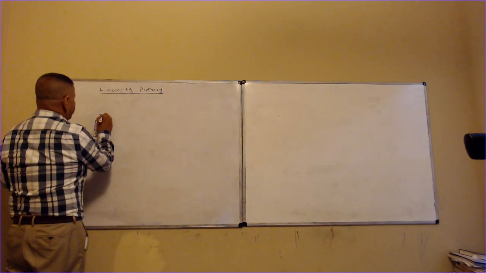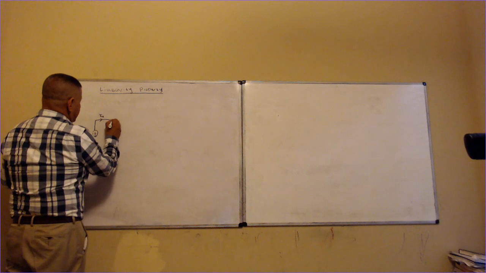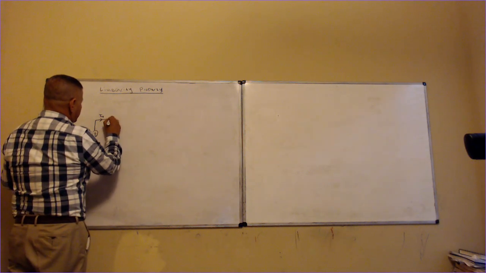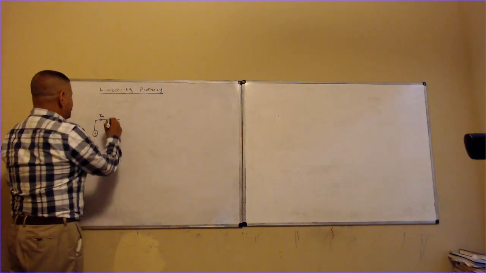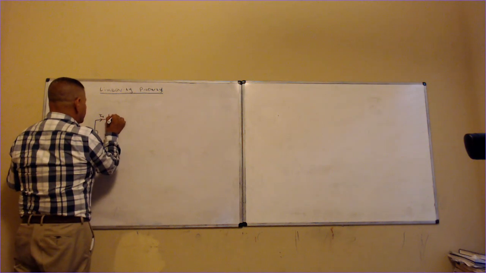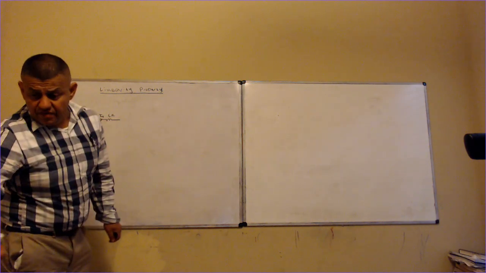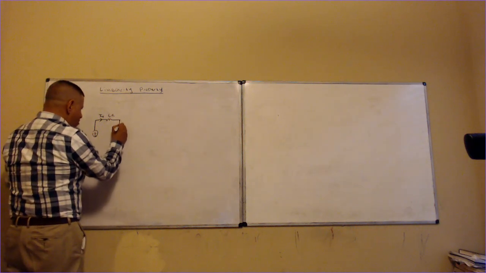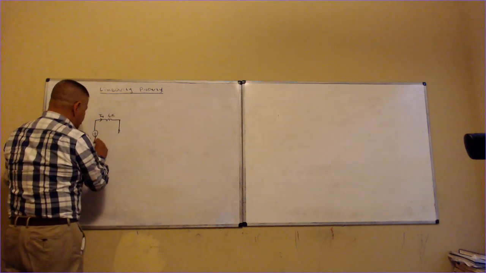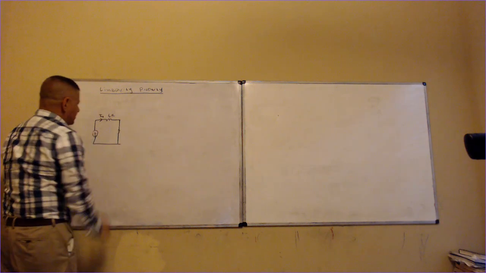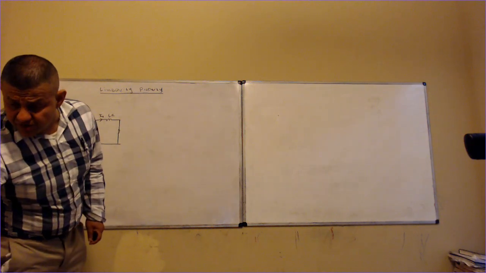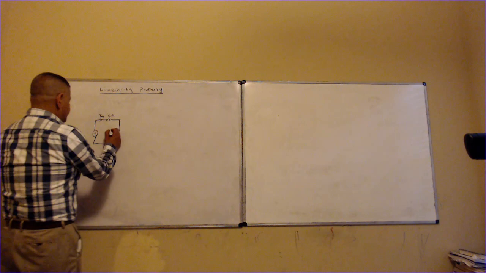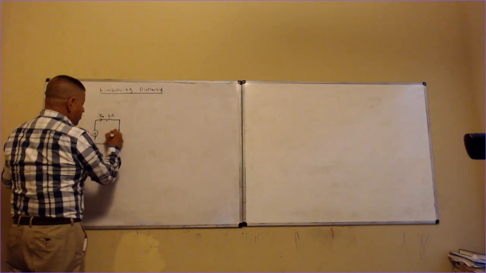And then they have a resistor right here. That's the first resistor, and that resistor is 6 ohms. Next, we have a node, and going down, we have another resistor, and that resistor value is 7 ohms.